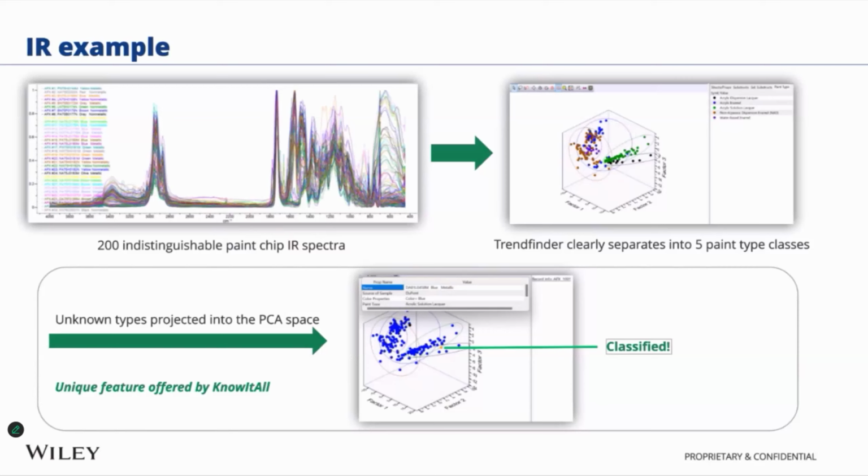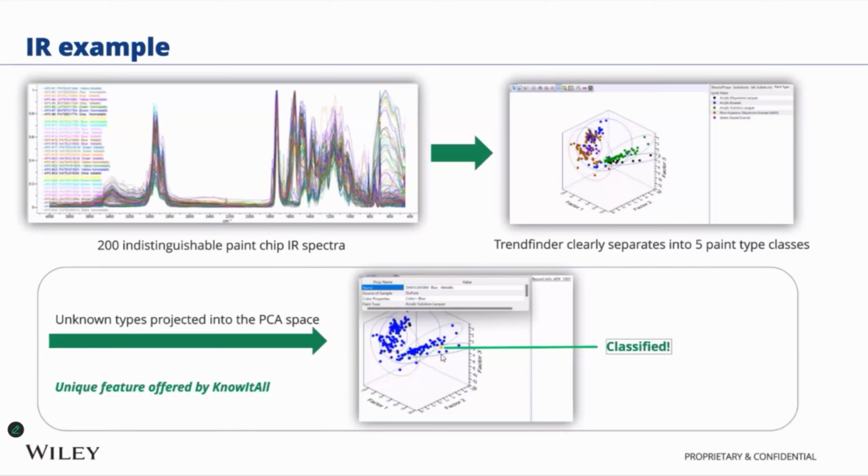For example, the green and black colored spots are all lacquer paint, and then the blue, brown, and purple colors are all enamels. What Trendfinder can do is not only offer PCA analysis, it also allows you to project unknown pin types into this PCA space, therefore to classify them.